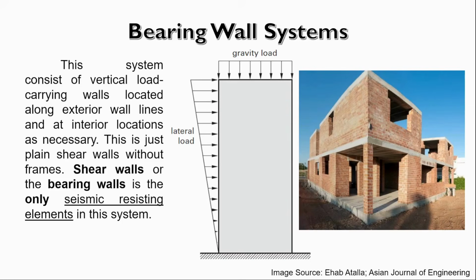We can say that for these bearing wall systems, if we add frames, although they will not resist the earthquake forces, they can still resist gravity after the bearing wall system collapses due to earthquake. So the redundancy there is the frame. So next, that's what we are doing now.